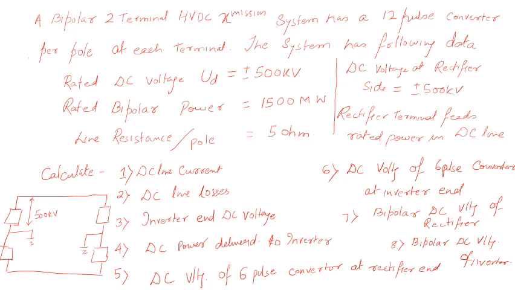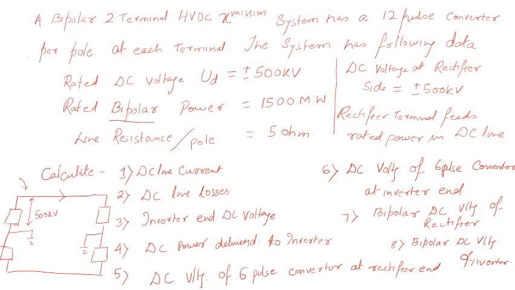So it is said that it is a bipolar power. I'm just focusing on my monopolar side, this side only. Here, if it is 1500 megawatt, half of the power will be transmitted from the upper part, half of the power will be transmitted from the lower part.